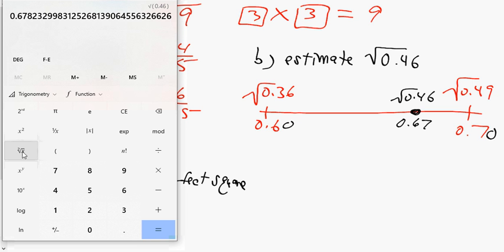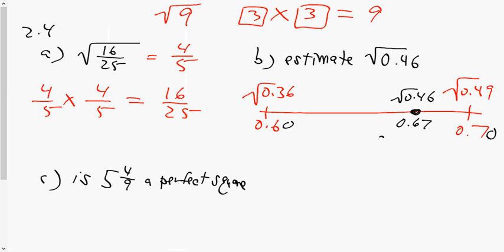Ah, so close. 0.68. That was close. The actual calculation is closer to 0.68. But again, we did that without a calculator, and we used a number line to help us approximate the square root of 0.46.